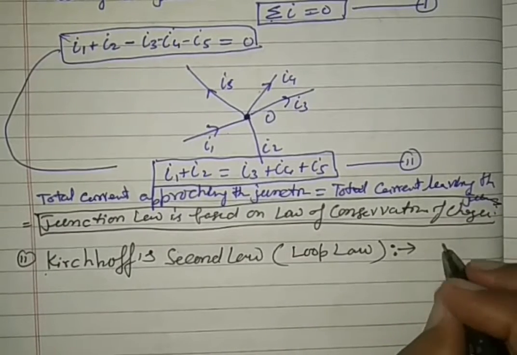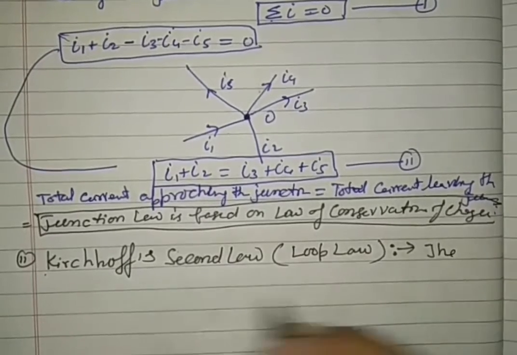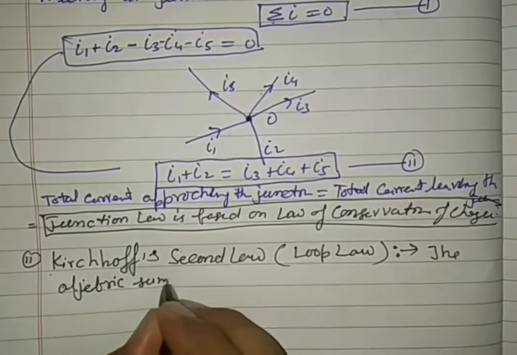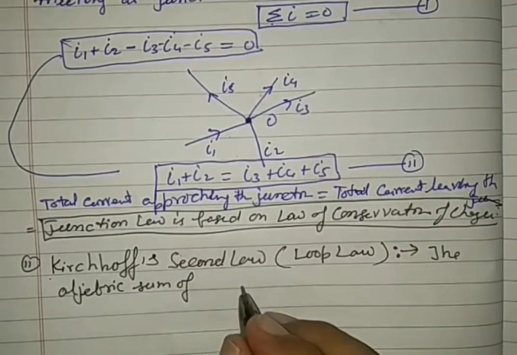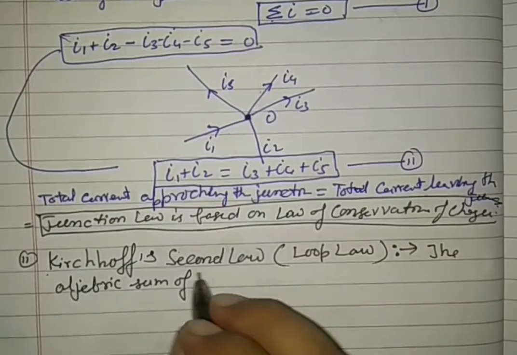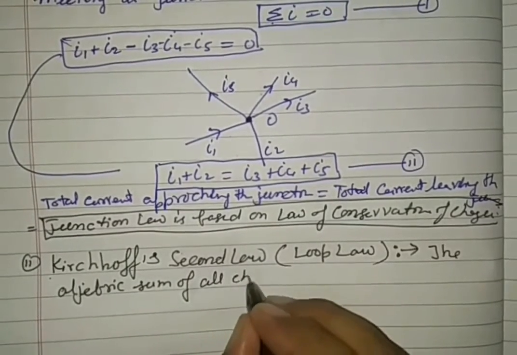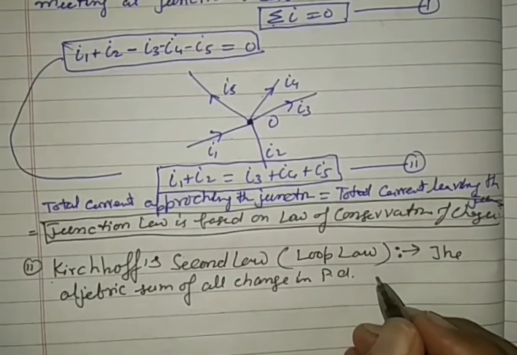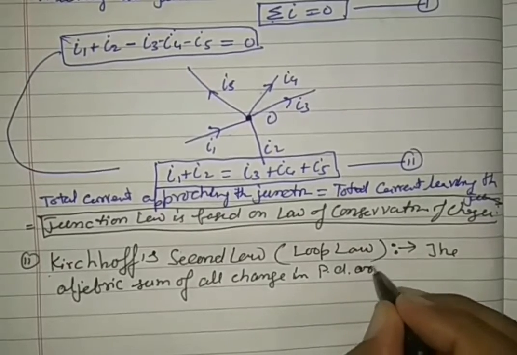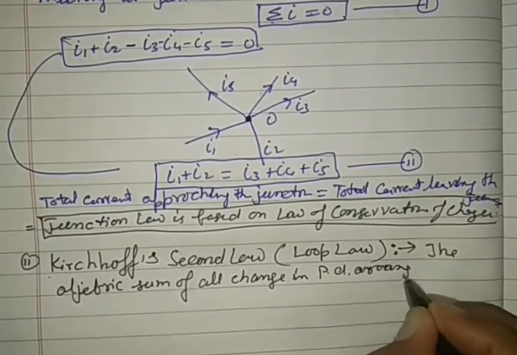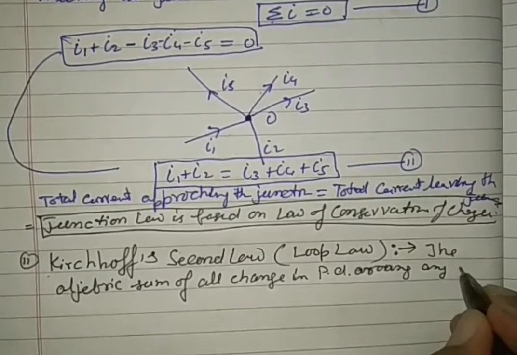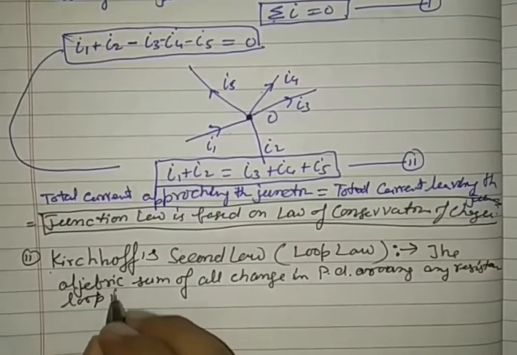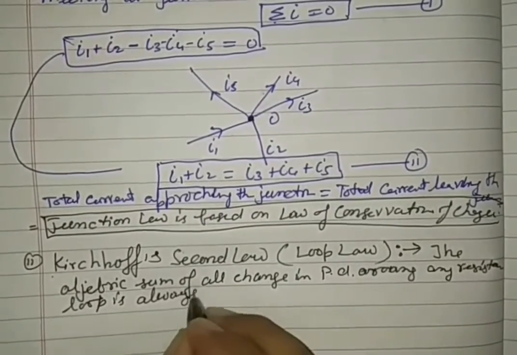The statement is the algebraic sum of all changes in potential difference around any resistance loop is always 0.